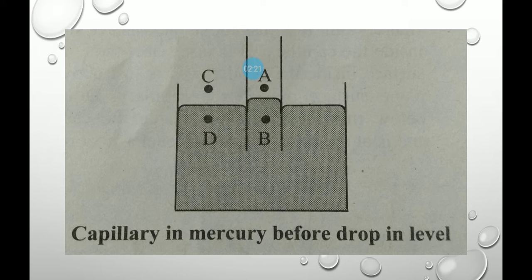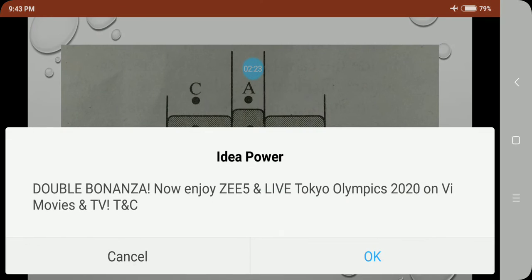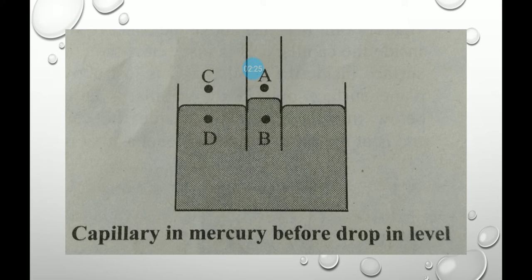Here we have considered a capillary tube dipped in a liquid which does not wet the surface, that is mercury. The shape of the mercury meniscus in the capillary is upper convex. Let us consider 4 points shown in the figure.